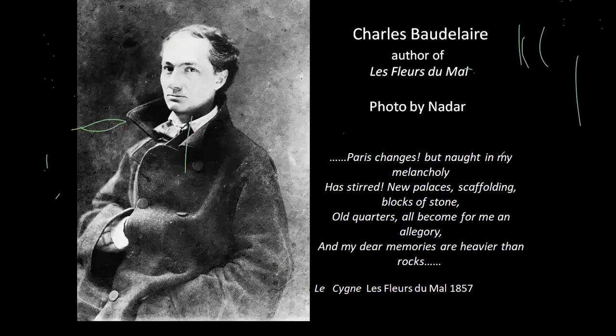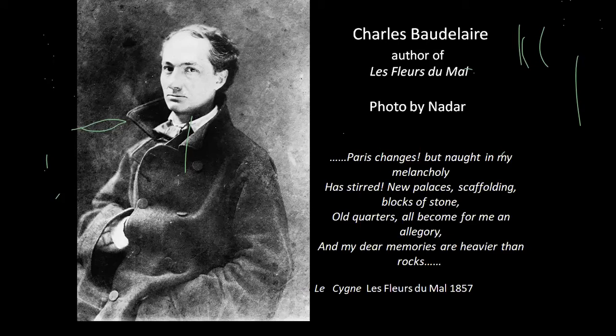Well, I want to have a look at a poem by Charles Baudelaire, who was writing his Flowers of Evil, Les Fleurs du Mal, in 1857, which is the time frame, as we will see, of the Second Empire.